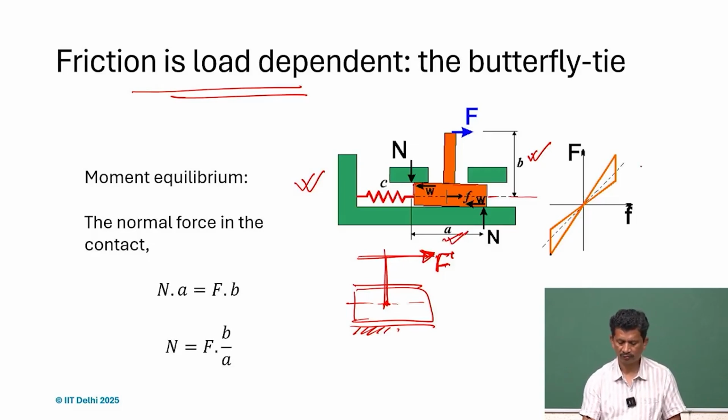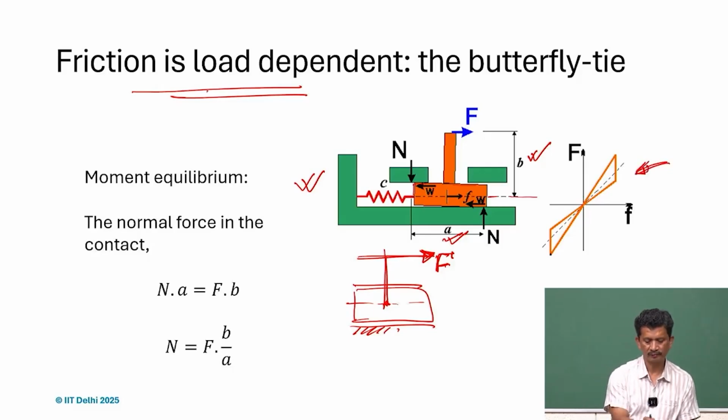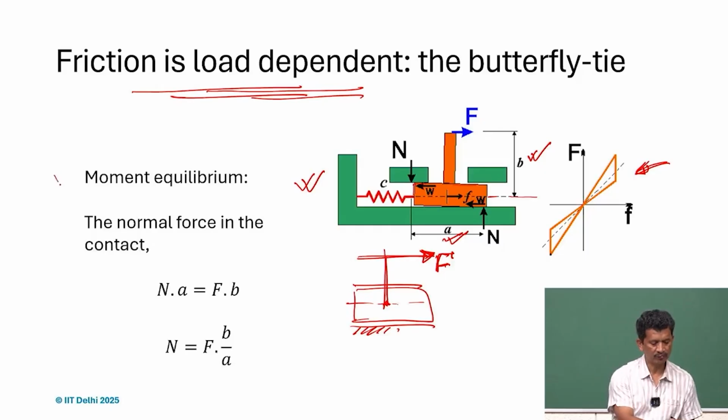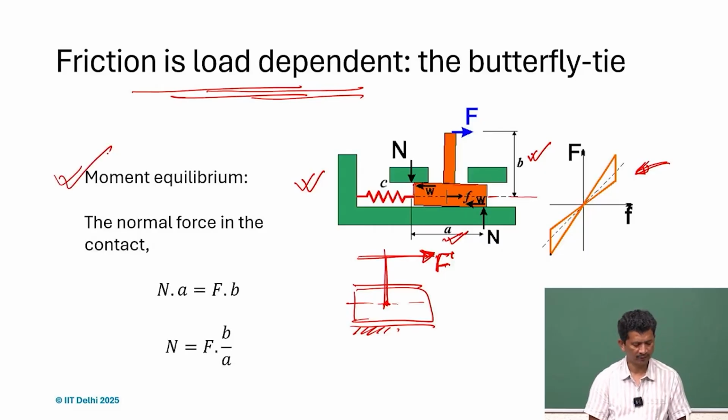And yes, we get this kind of hysteresis plot, which is load dependent. Why? Because if we do the moment equilibrium, we find that as we start applying the force, the body gets tilted and these two edges come in contact. There will be normal forces acting at the two corners, and an associated friction force.